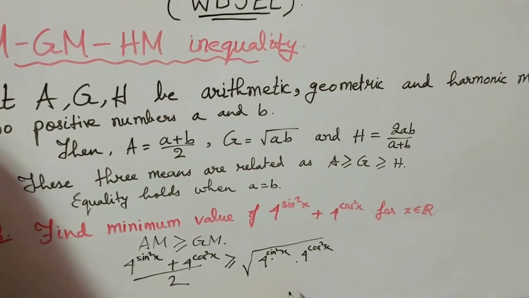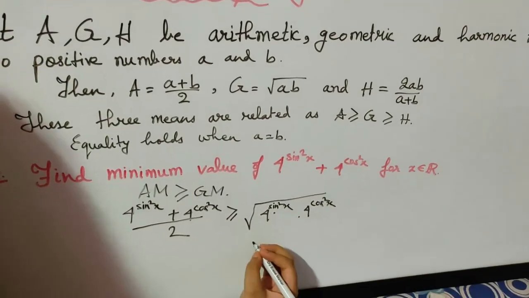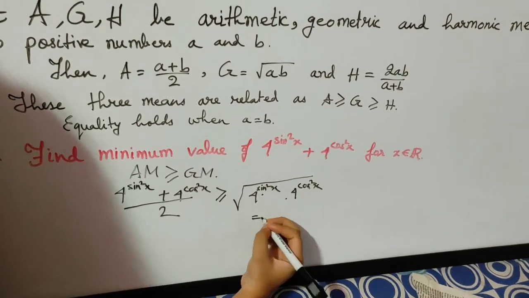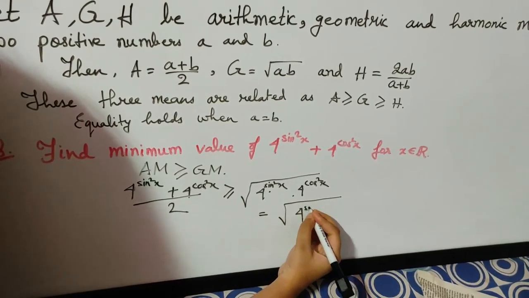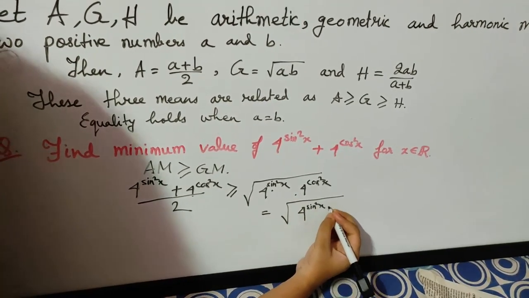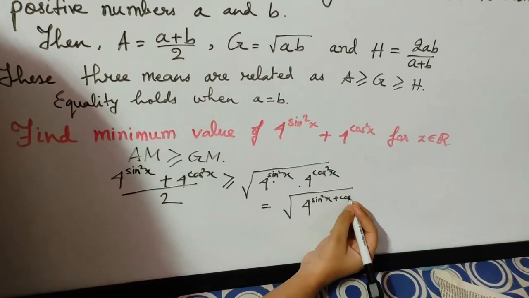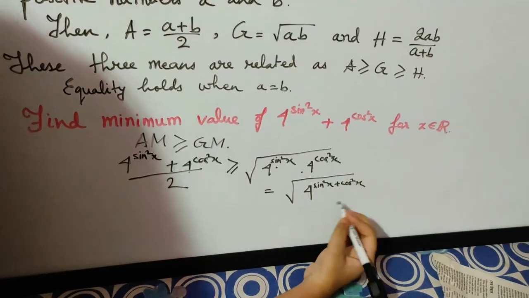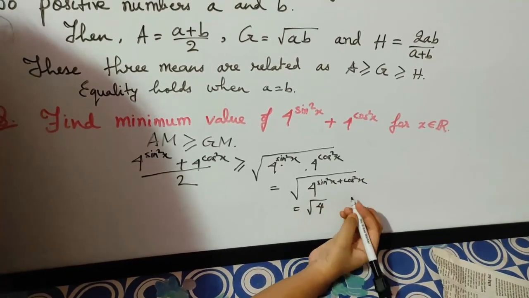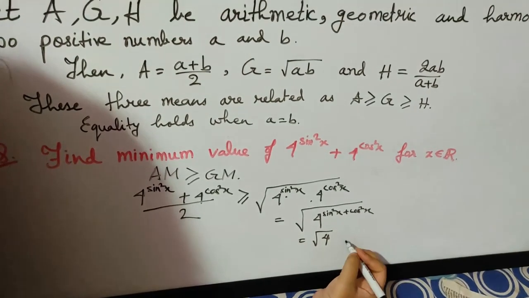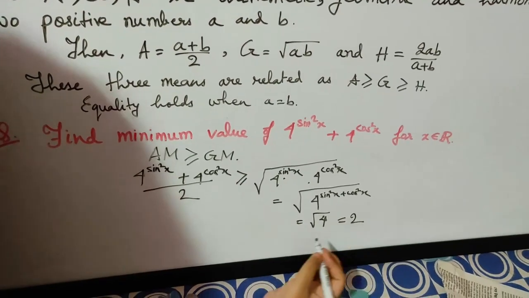Now we can write this as root over 4 to the power sin²x plus cos²x. This is equivalent to root over 4, since sin²x plus cos²x equals 1, which is equal to 2.